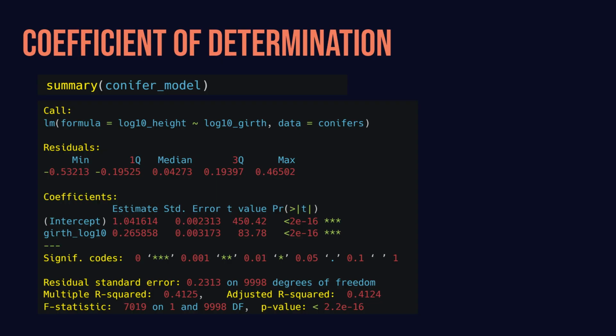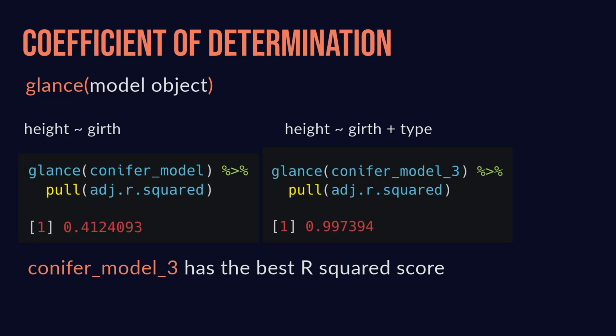The summary function prints, among other parameters, the R-squared values. Calling the summary function on the conifer_model object that models height versus girth, we can see that it has an R-squared value of 0.41.